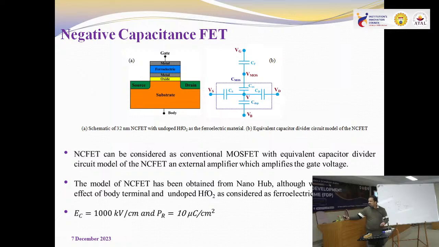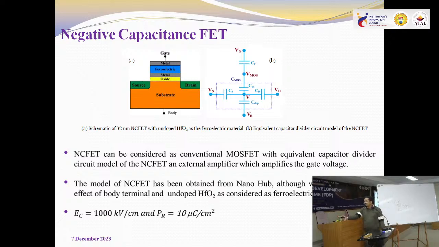Now this is the capacitance model for NCFET. There is a depletion capacitance, source capacitance, drain capacitance, oxide capacitance. If I neglect this ferroelectric capacitance, it is nothing but a MOSFET only. And in order to realize this ferroelectric capacitance, I have written CF. CF stands for ferroelectric capacitance.